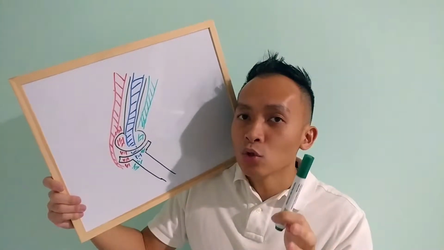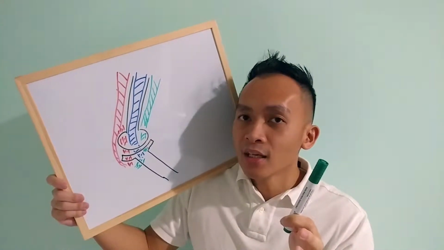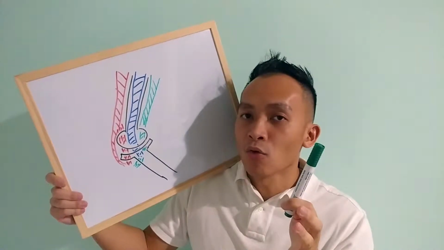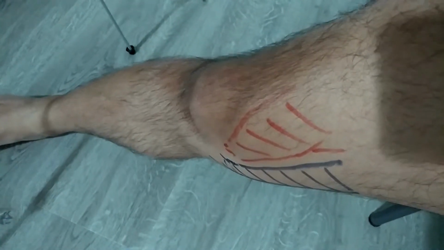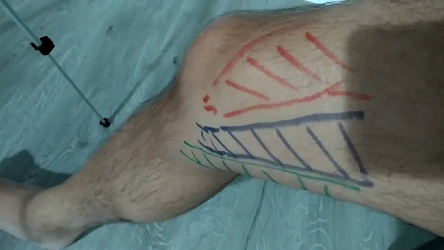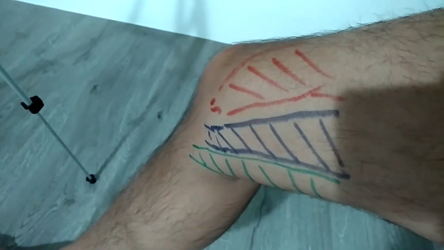I will need you to feel your own knee and make sure that you're feeling the right part of the knee. As you can see, this is my beautiful knee joint.